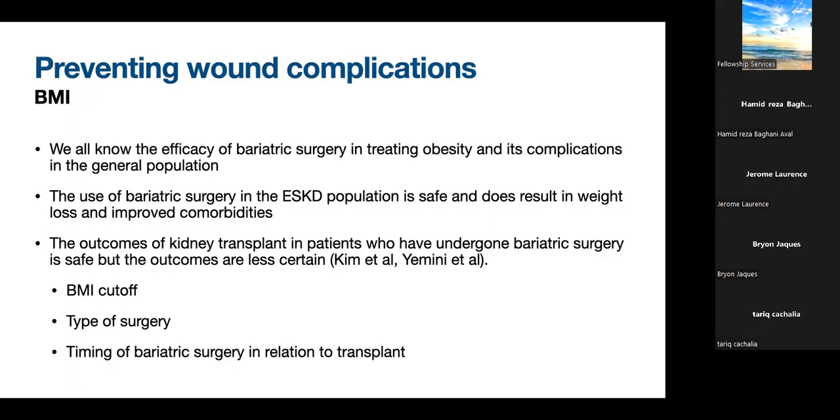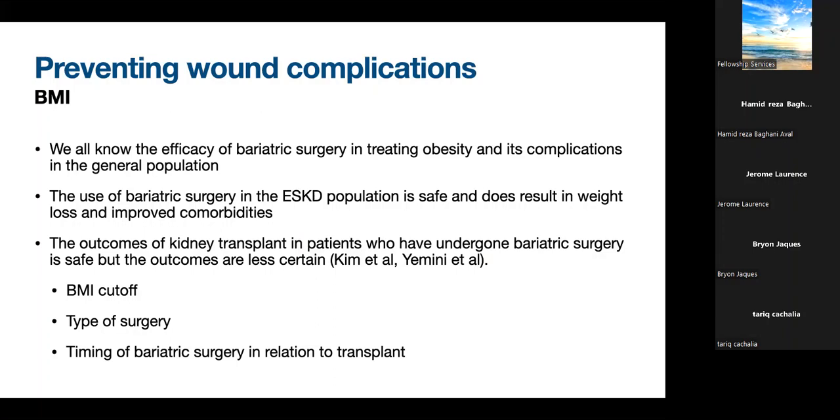It has been shown to be safe in patients with end-stage kidney disease on dialysis, and it does lead to sustained weight loss and also improved comorbidities. And there are some studies about the use of bariatric surgery in kidney transplant patients, either pre-transplant or post-transplant. Generally it's thought to be safe, but some of the other outcomes are a bit less certain.